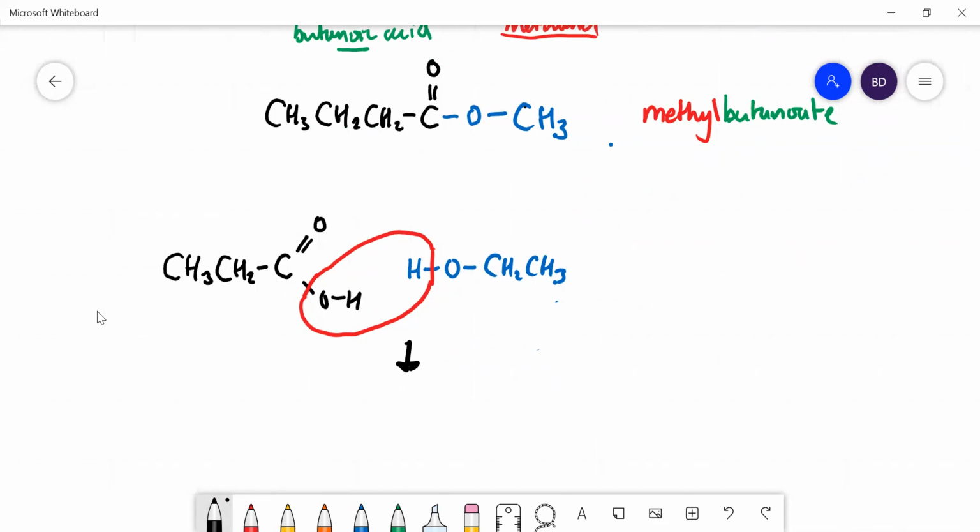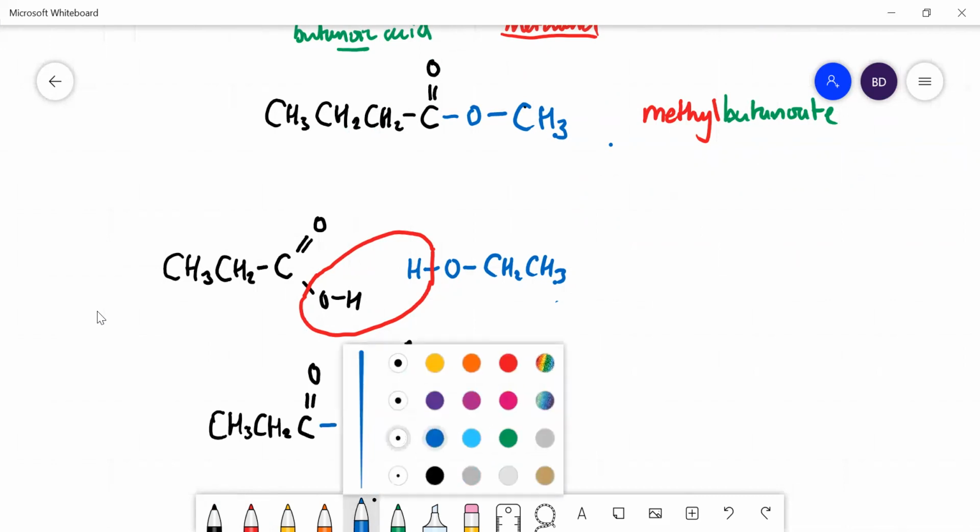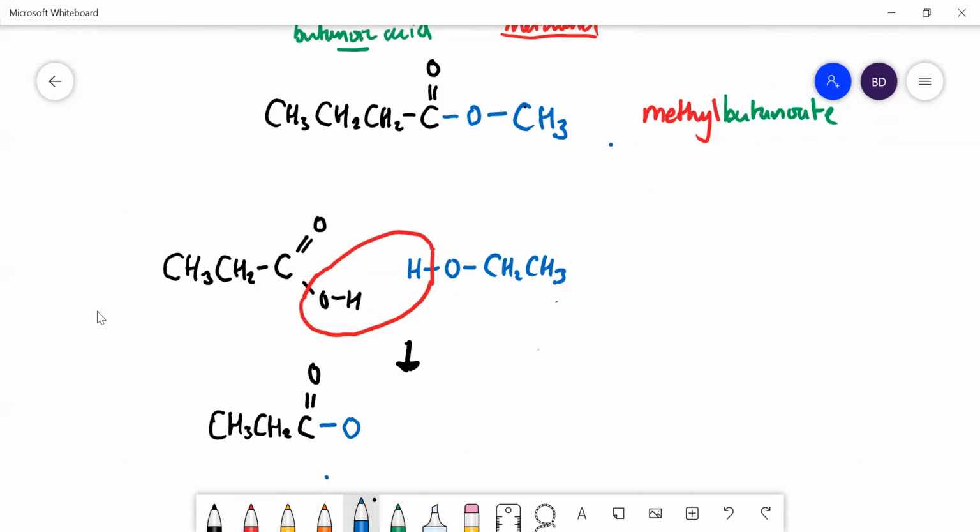We're going to have CH3, CH2, double bond to the oxygen, and then that's going to be to the oxygen that was on the alcohol, CH2, CH3, that's from the ethanol bit, and we're going to get water there. So we've got our water, some of it coming from the carboxylic acid, the hydrogen from the alcohol.